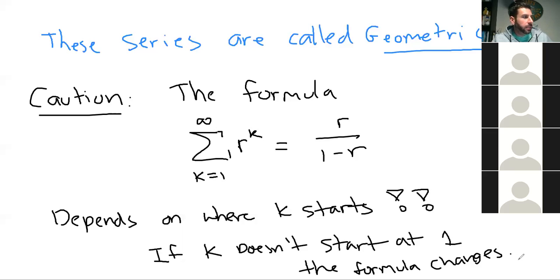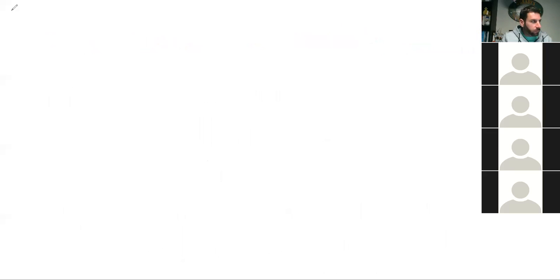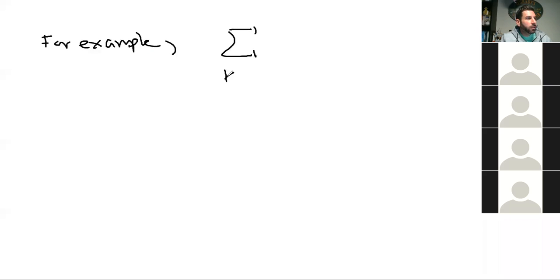Okay, so this is important. For example, if I start at 0 instead, the formula is now 1 over 1 minus r.